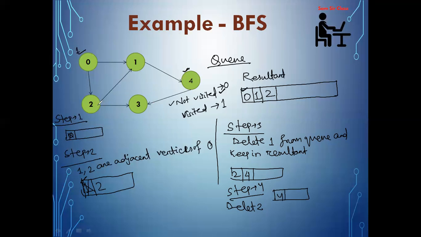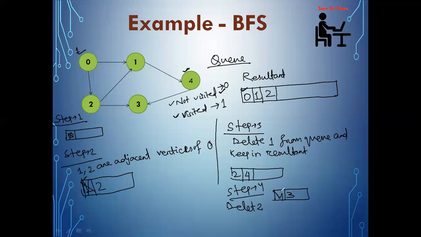Now once you delete 2, its adjacent vertices are 3 and also 1, but 1 is already visited. So you cannot insert 1 once again because its status of visit is already 1. Okay. So you have to bring those vertices whose status is 0. Now currently you are bringing 3 here.